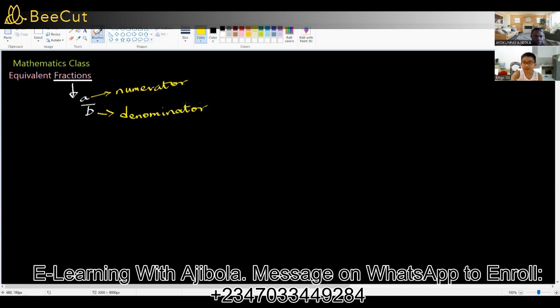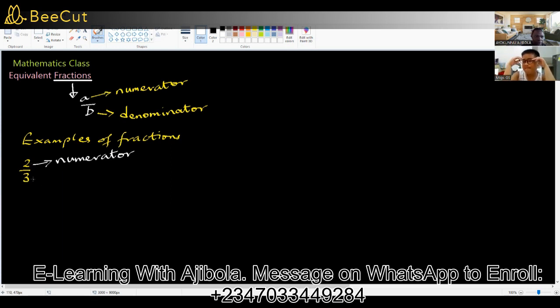Now if I write examples of fractions, if I put 2 over 3, this is a fraction. In this fraction, what is the numerator? The numerator is the number at the top, that's 2.